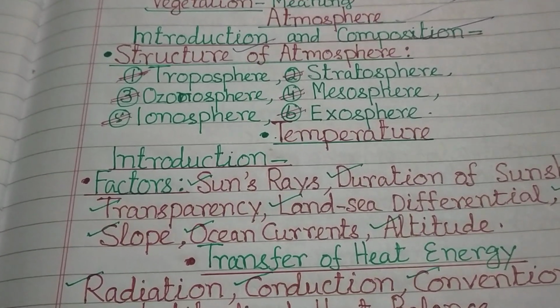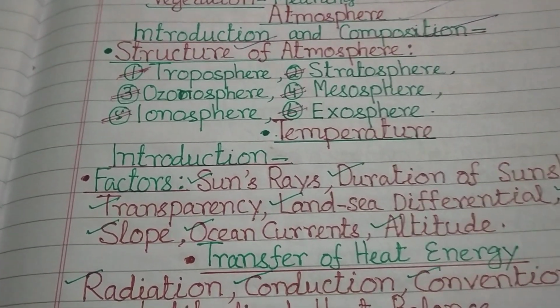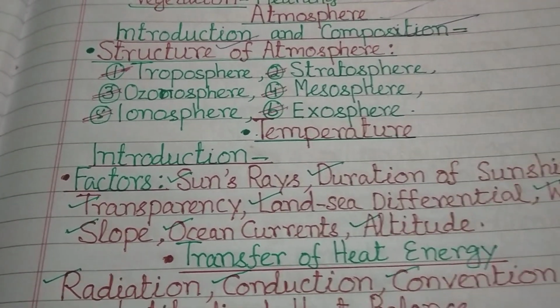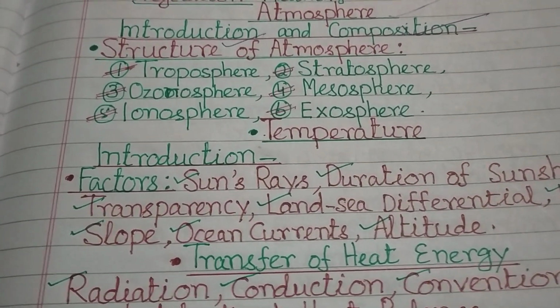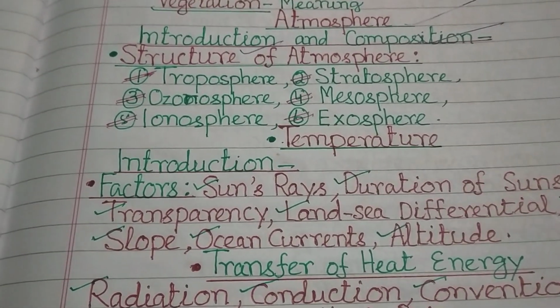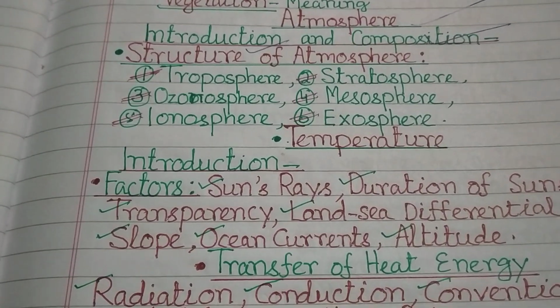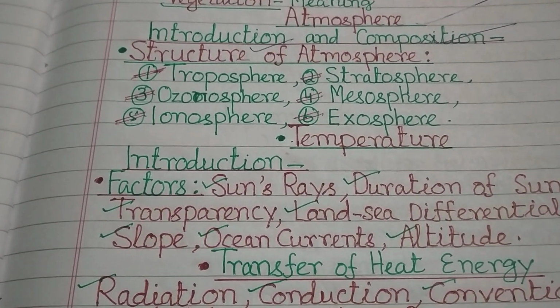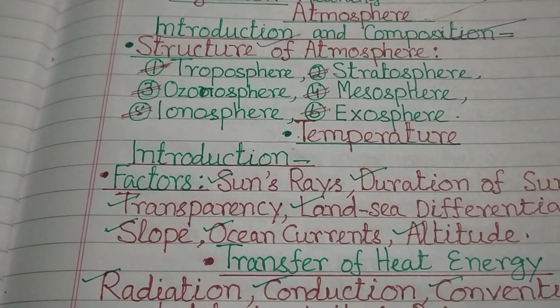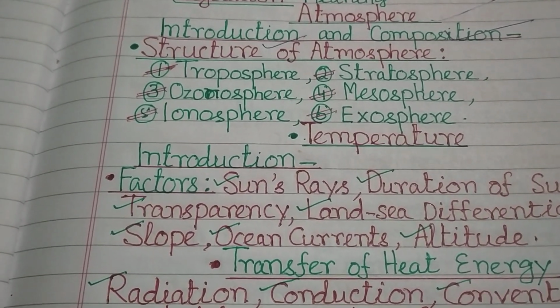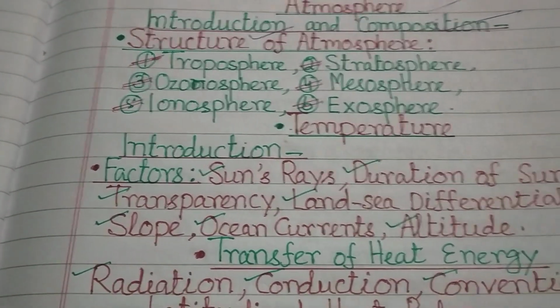Besides these gases, large quantities of water vapor and dust particles are also present in the atmosphere. The solid and liquid particles are of great climatic significance.